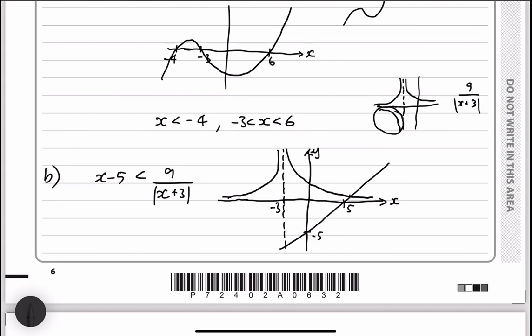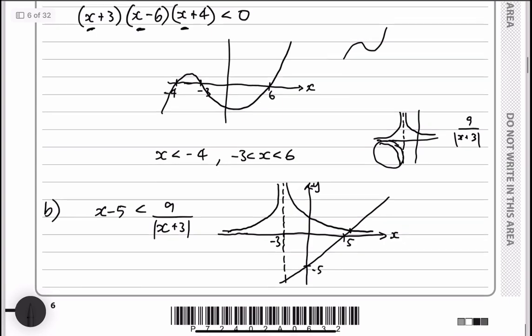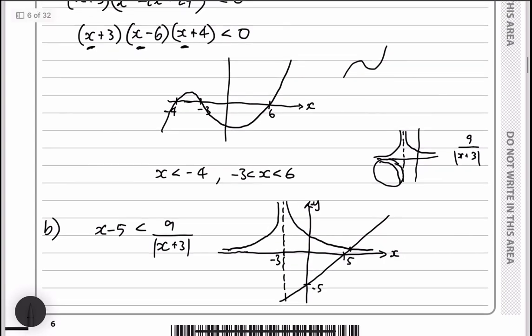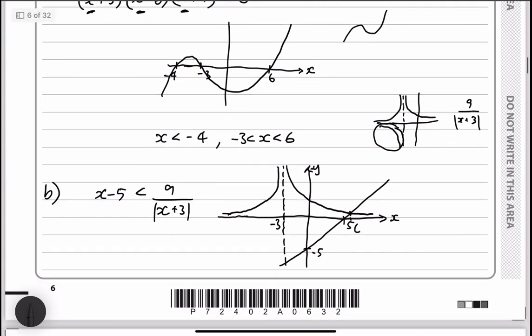That is at this point here, and everywhere to the left of that point. So if I just jump back up here, I can be pretty sure that that point of intersection is a 6 from our previous work. So when x is less than 6, then this line is less than the curve.